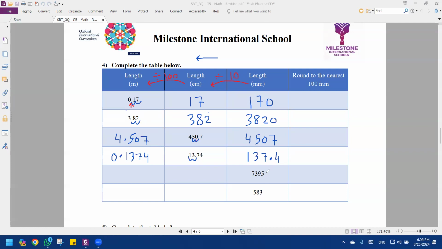Divided by 10 means we bring it 1 step. So this will be 739.5. Let's continue for the centimeter to millimeter. We divide by 100. So we move the decimal point 2 steps. 1, 2.